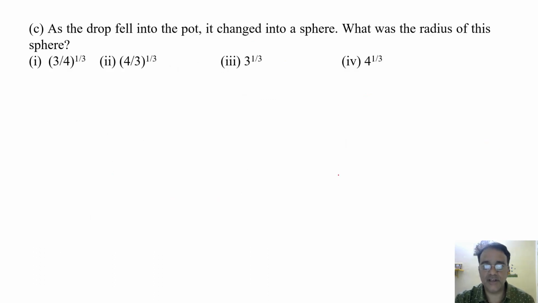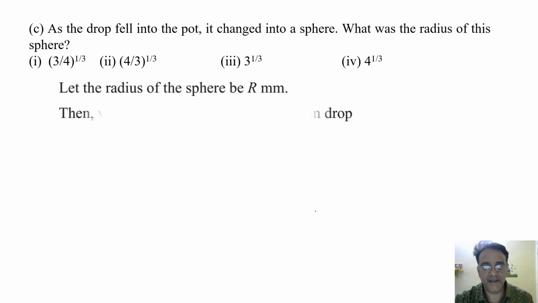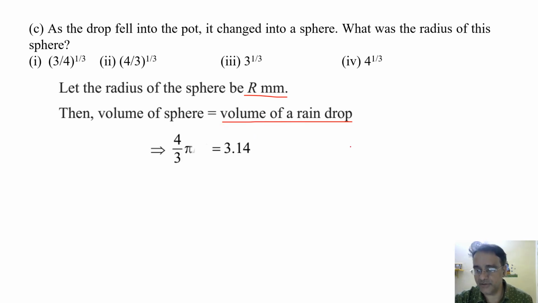Now we'll move toward the third question. As the drop fell into the pot, it changed into a sphere. What was the radius of this sphere? So we know the conversion rule, the volume will remain the same. So volume of sphere will be equal to volume of raindrop. Let the radius of the sphere be capital R. So 4 upon 3 pi R cube will be equal to the volume of raindrop, which is already given, 3.14.